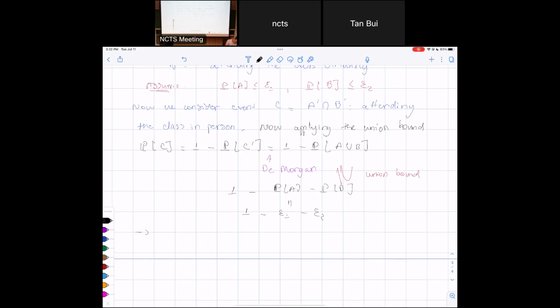In conclusion, the probability that a student or participant attends the class in person is greater than or equal to 1 minus epsilon 1 minus epsilon 2.